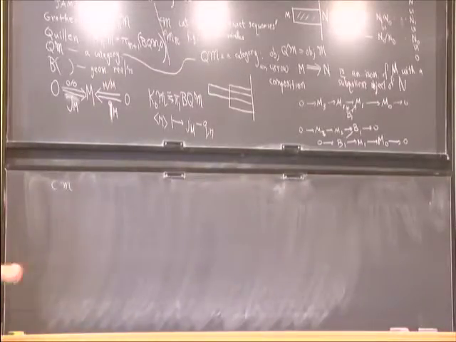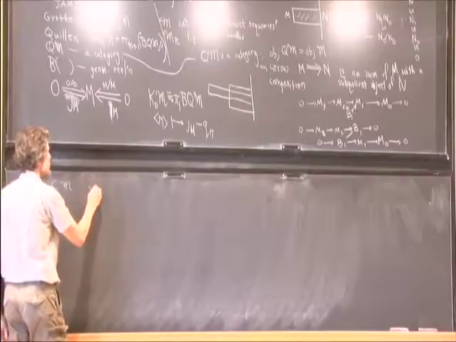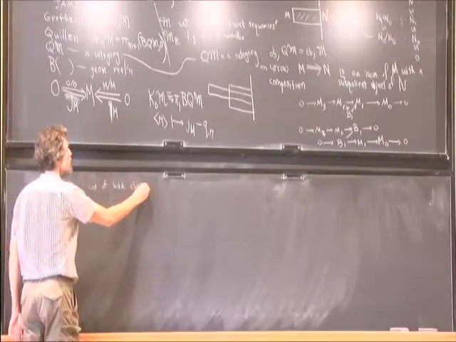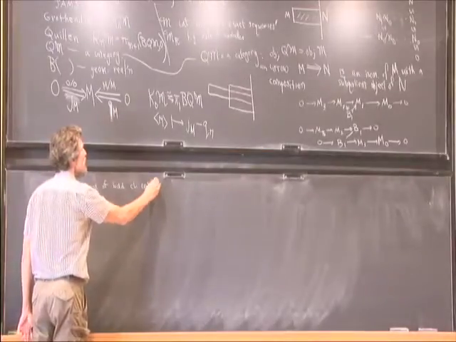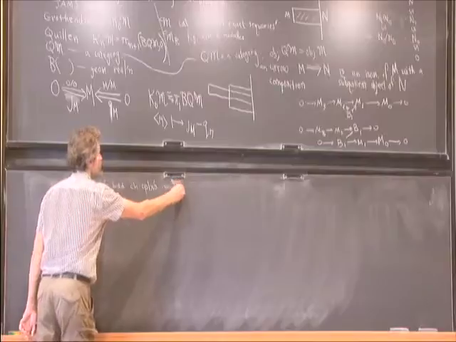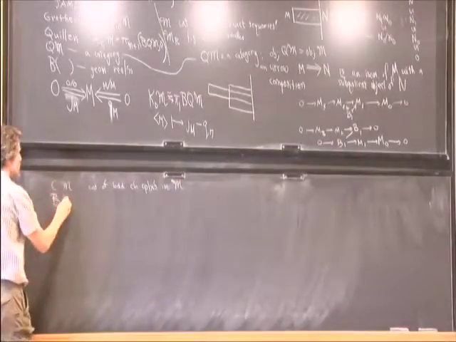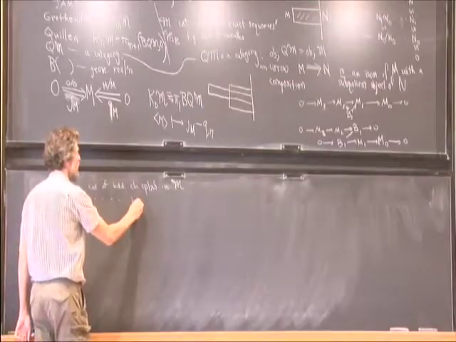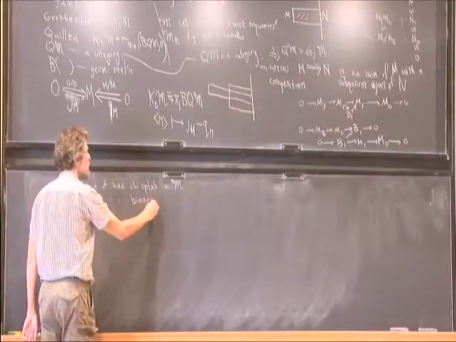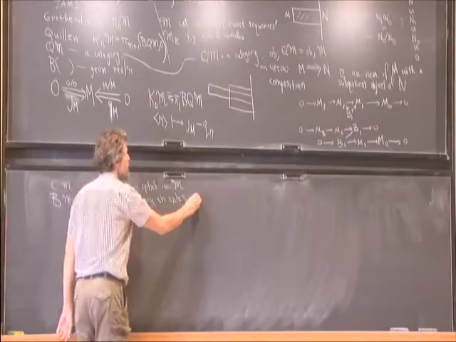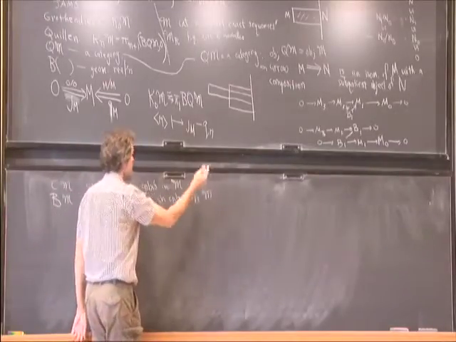So CM will denote the category of bounded chain complexes in M. And BM will denote the category of bounded binary chain complexes in M. So I've already said what binary means, but let me repeat it.